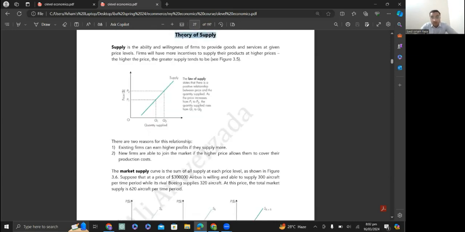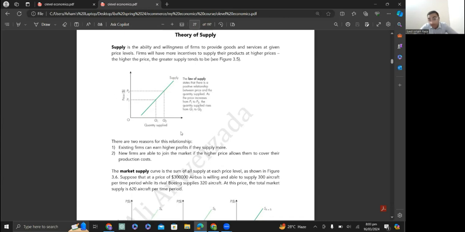Now, supply. Let's come towards the theory of supply. Supply is what the supplier or the firm is willing to sell at a given particular price. Supply has a positive relation with the price and the quantity supplied, because when the price of a good or service increases, the quantity supplied will increase.